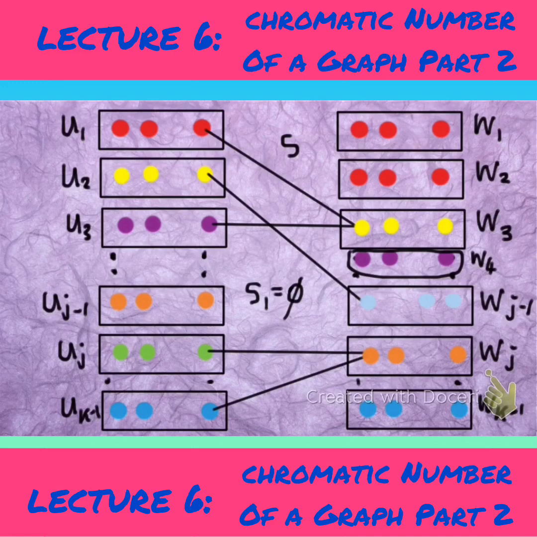Then if I go to Uj, there are no edges between Uj and W(j+1), so I can color the vertices of W(j+1) with the color that I used in Uj. And once I get to the end, U(k-1), because there are no edges between U(k-1) and W1, I can color W1 with the color I used in U(k-1).